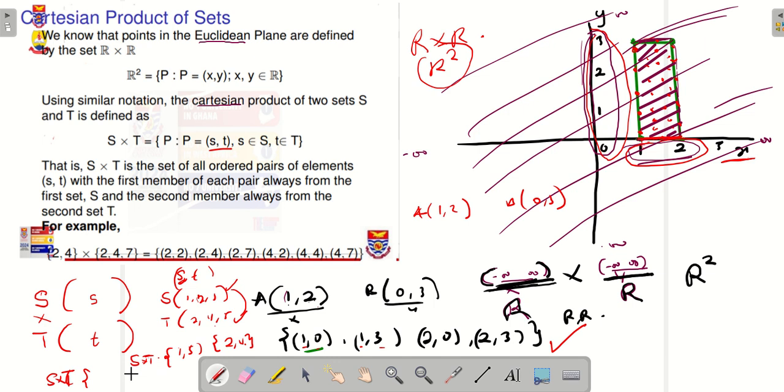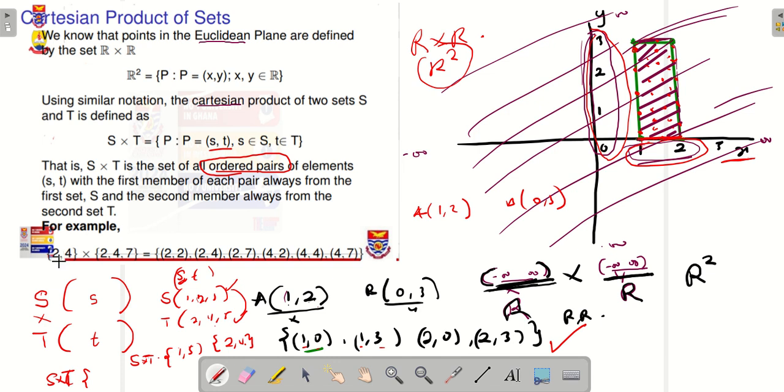So we say that a Cartesian product is made of ordered pairs. That is the key word, ordered pairs, of elements s and t, where the first member of each pair is always from the first set S, and the second member is always from the second set T.